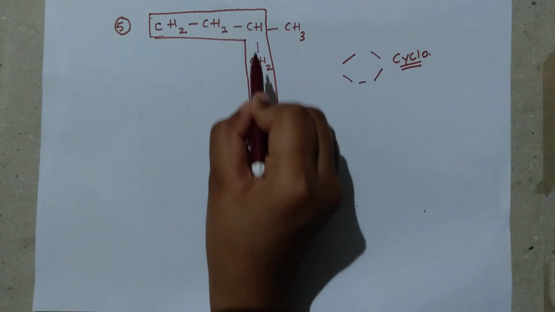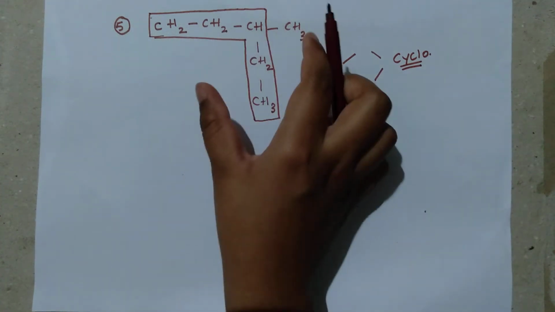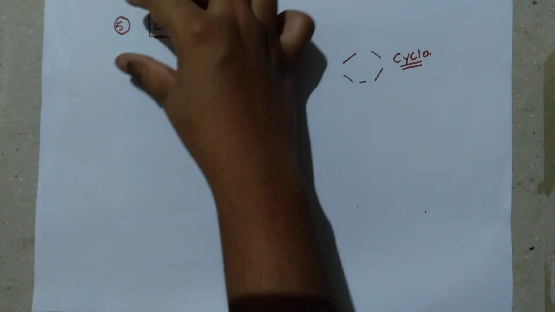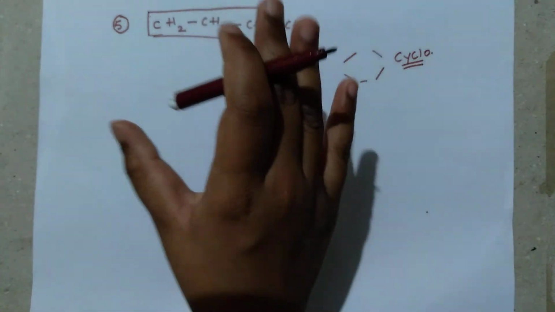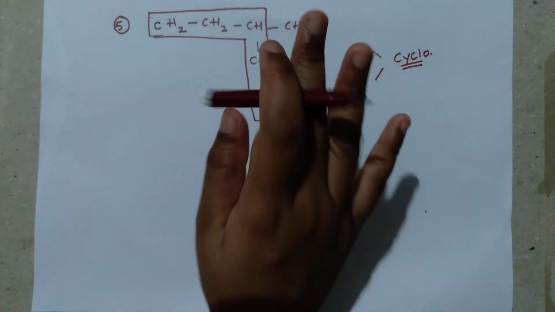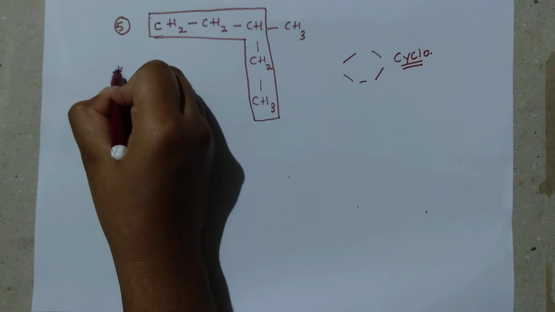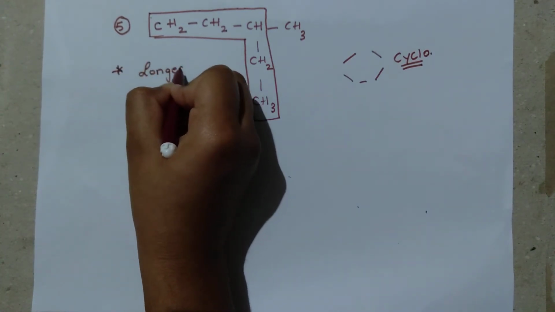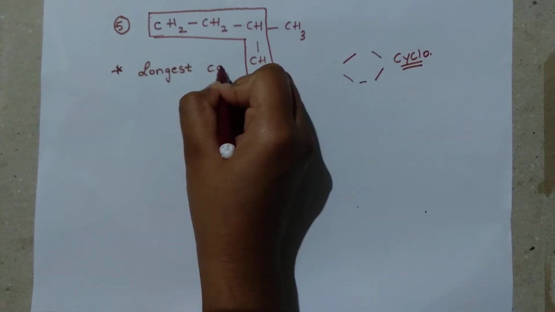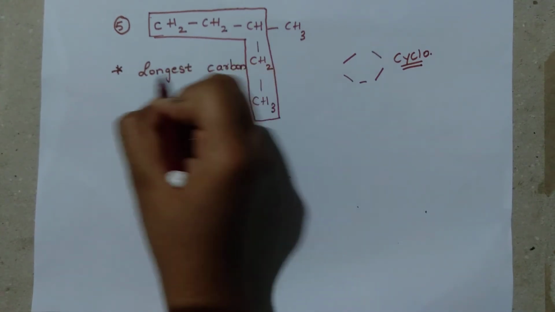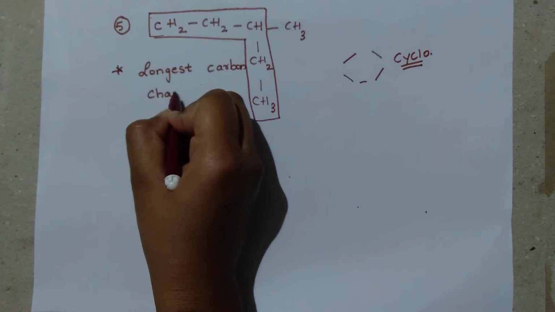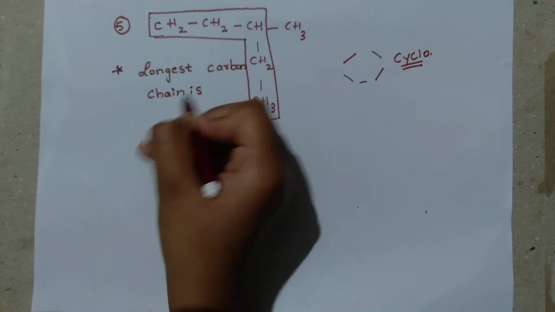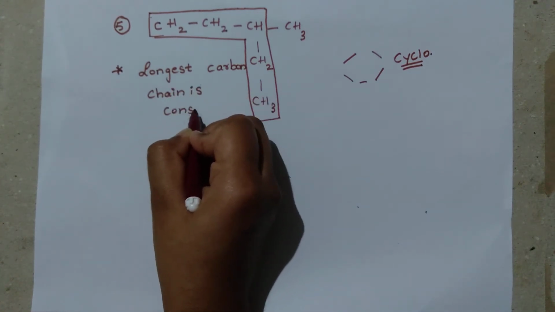Probably this direction only, because whenever substituents are attached to a chain, we need to take the longest carbon chain. First point to note: the longest carbon chain is considered.